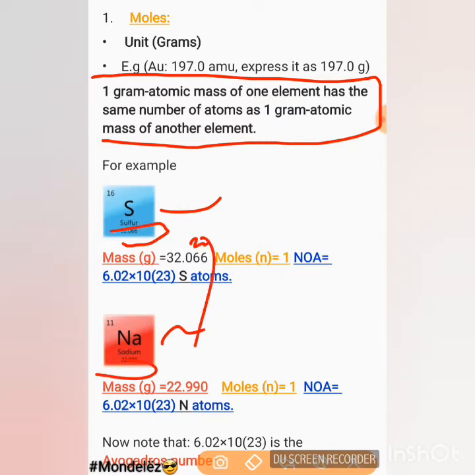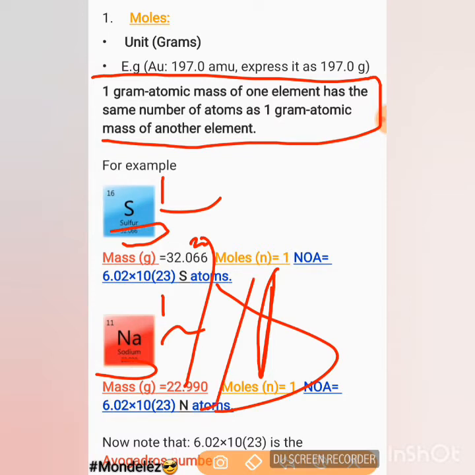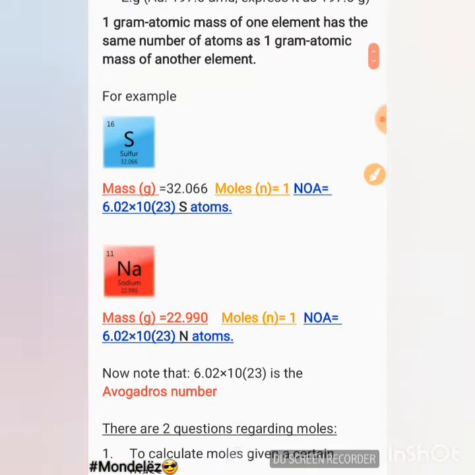The masses here are different, but each mole of them will have the same number of atoms, which is 6.02 × 10 to the power of 23, right?